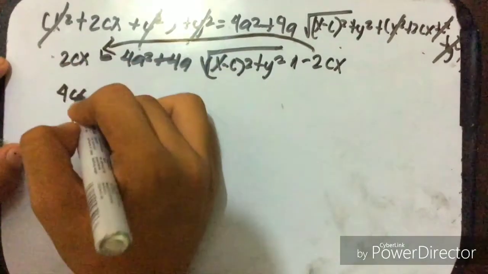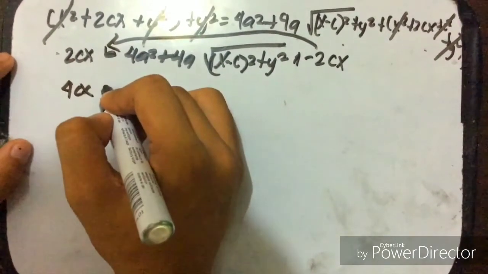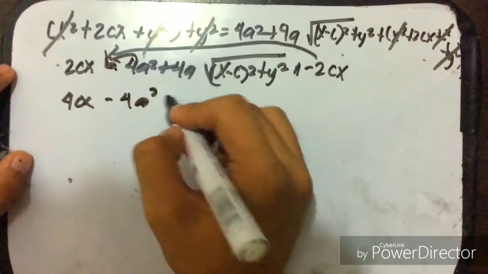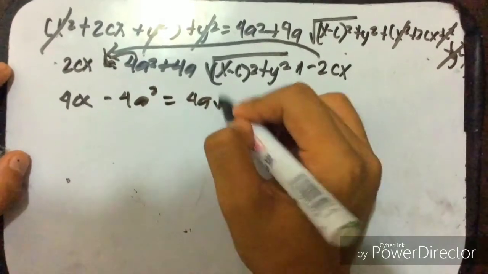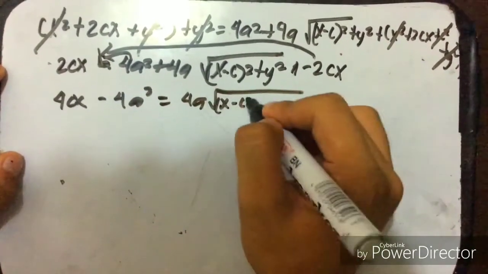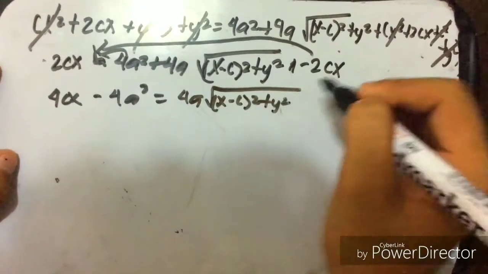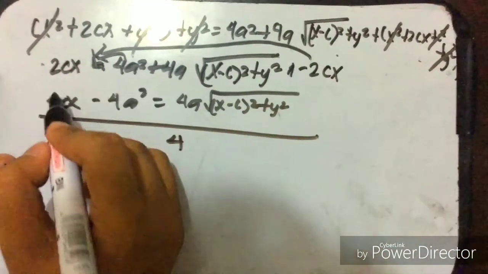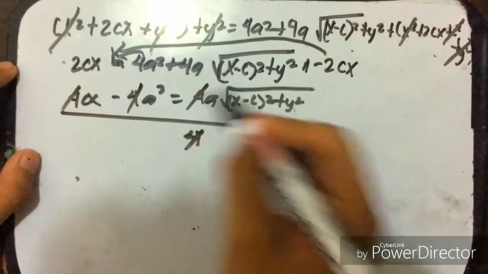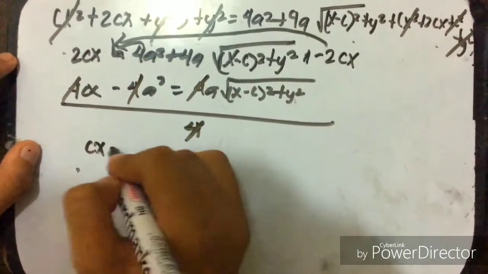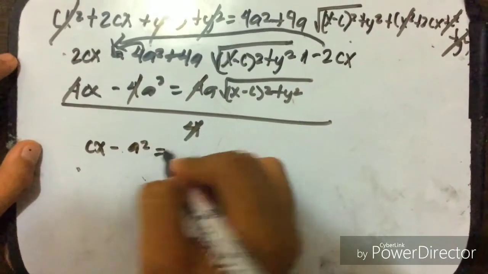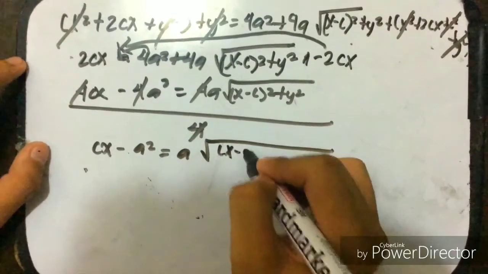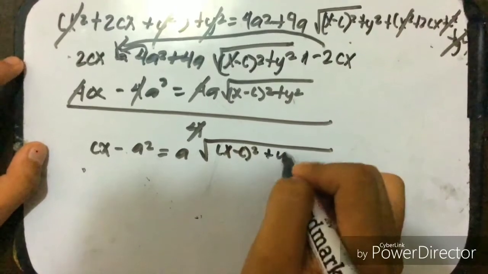So 4cx equals 4a squared, minus. Transposing it, this equals 4a times the square root of (x minus c) squared plus y squared. And you will divide it by 4. So the remaining is cx minus a squared equals a times the square root of (x minus c) squared plus y squared.